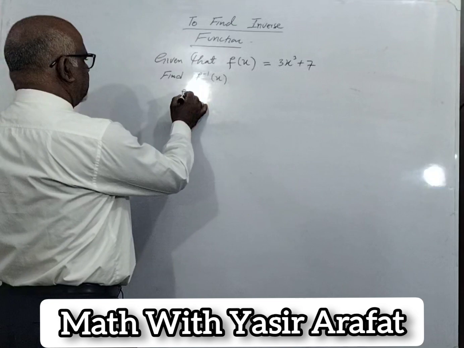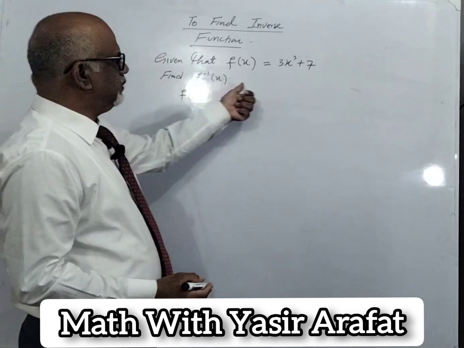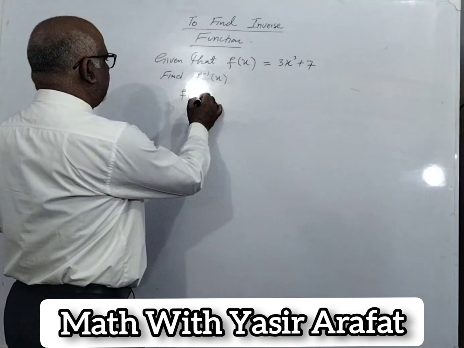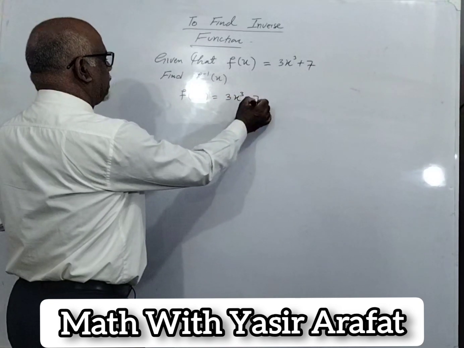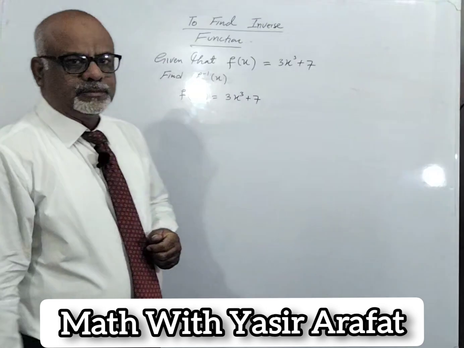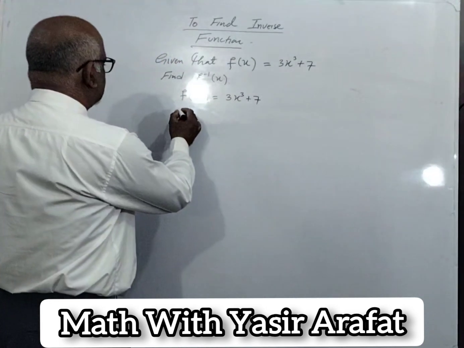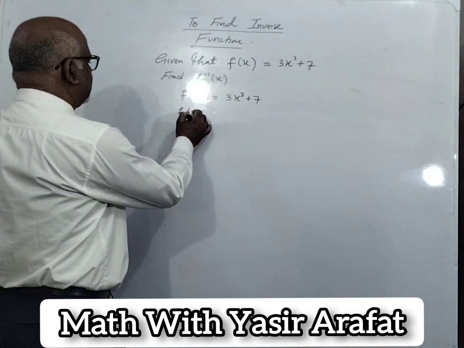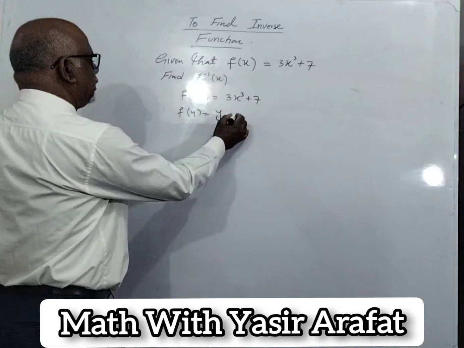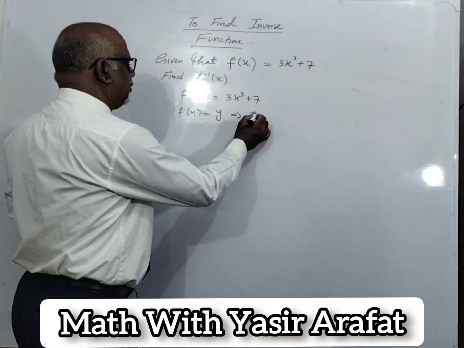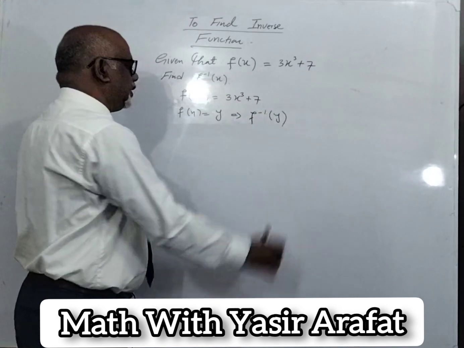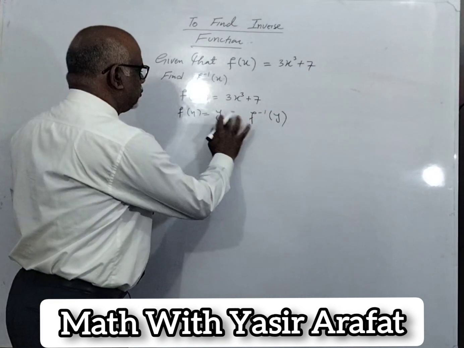So here, again we have to find out the inverse function. So this is f of x equal to 3x cube plus 7. Again we have to suppose that f of x is equal to y, and when we find the value of x, this becomes f inverse of y, that is equal to x.